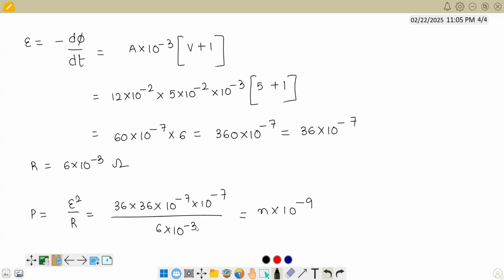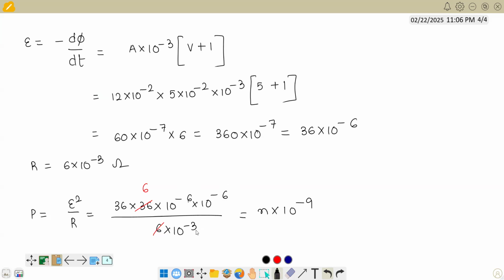This is minus 14. And once we get this, 6 times, so 10 power minus 9. We get it as 36 into 36 into 10 power minus 6 and 6. In most of the integer problems, all the 10 powers would eventually cancel.